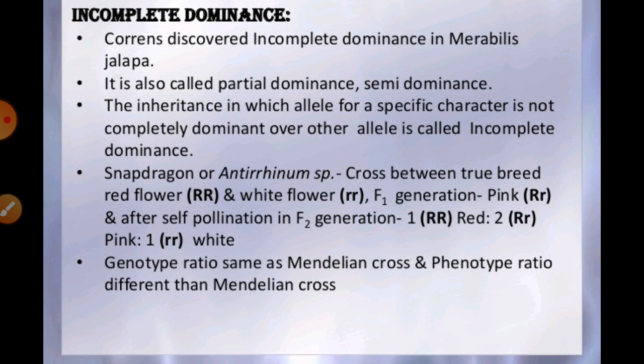We can say generally in this Mirabilis jalapa or the snapdragon flower, it is a partial dominance or semi dominance structure that can be seen over there, or we can say in this particular flower the dominant character cannot be completely dominant over the other one. That's why it is known as incomplete dominance.